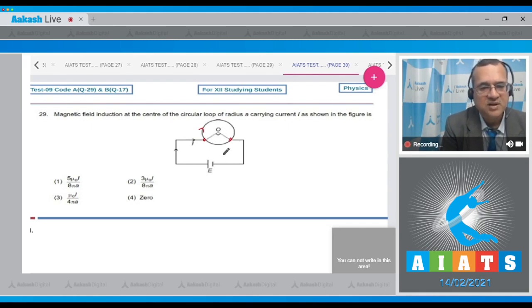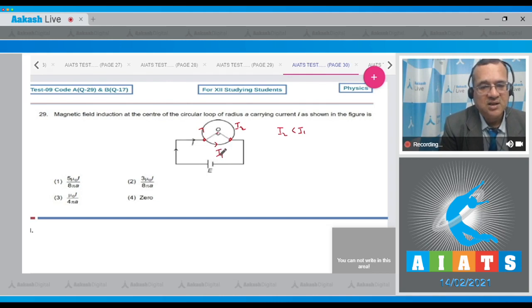If the current in this section is I1, then the current in the other section is I2. Now, the current I2 will be less and I1 will be more. If it is homogeneous, the potential is uniform, so current I2 will be less than I1. But its contribution at this point will be more, as it contributes more.